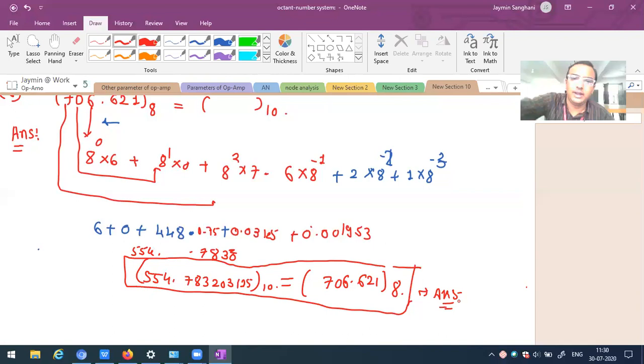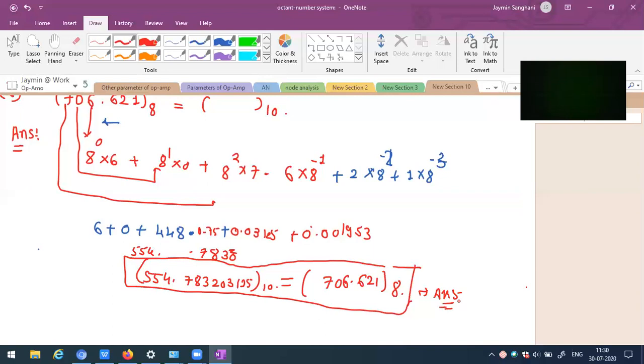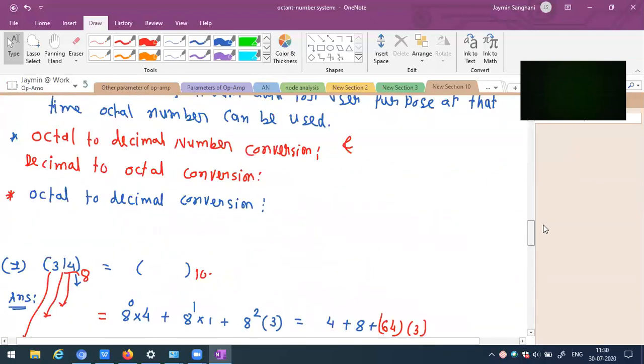How is it possible to convert a decimal number into octal? Again, how is it possible to convert the given decimal number into octal? I have already completed how an octal number can be converted into decimal.